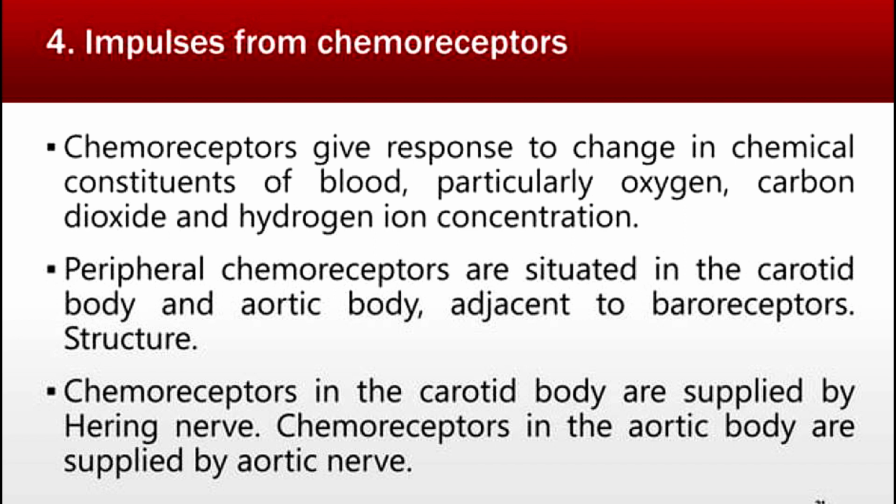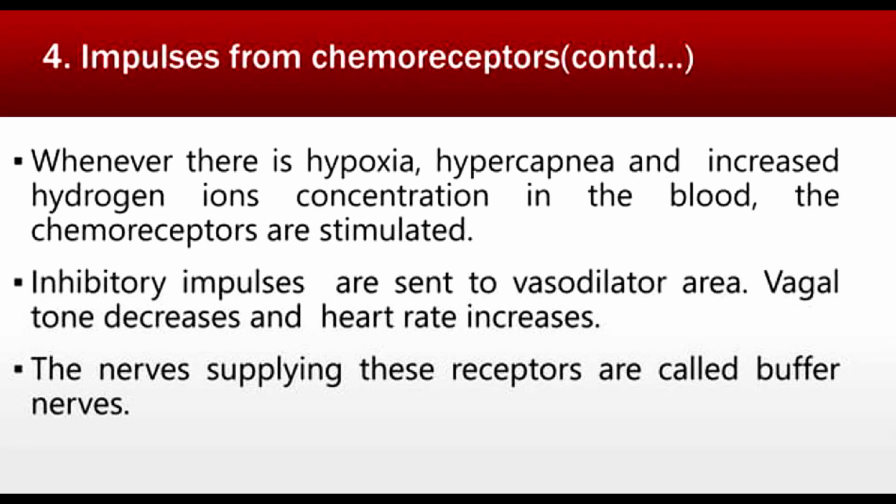The chemoreceptors in the carotid body are supplied by the Hering nerve, and the chemoreceptors in the aortic body are supplied by the aortic nerve. When there is hypoxia, hypercapnia, and increased hydrogen ion concentration in the blood, the chemoreceptors are stimulated. The inhibitory impulses are sent to the vasodilator area, vagal tone decreases and heart rate increases. The nerves supplying these receptors are known as buffer nerves.